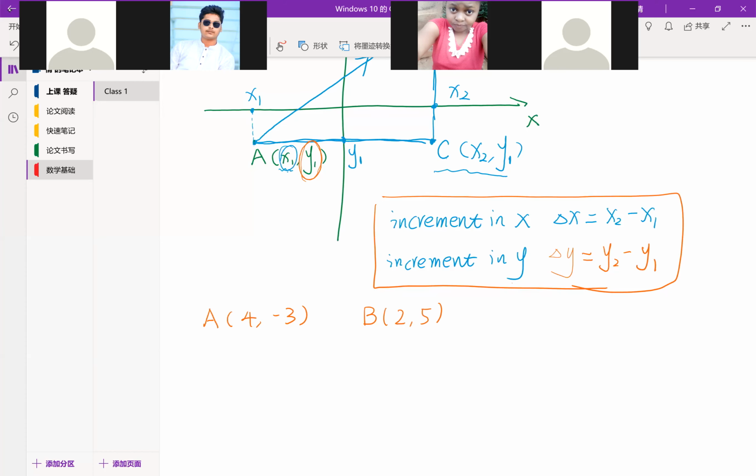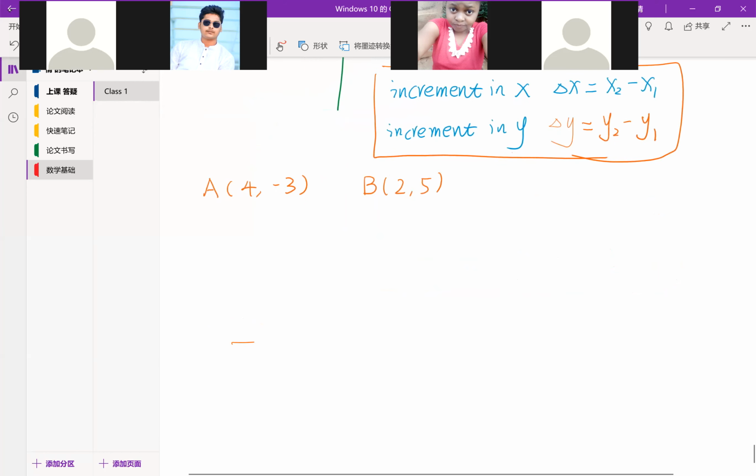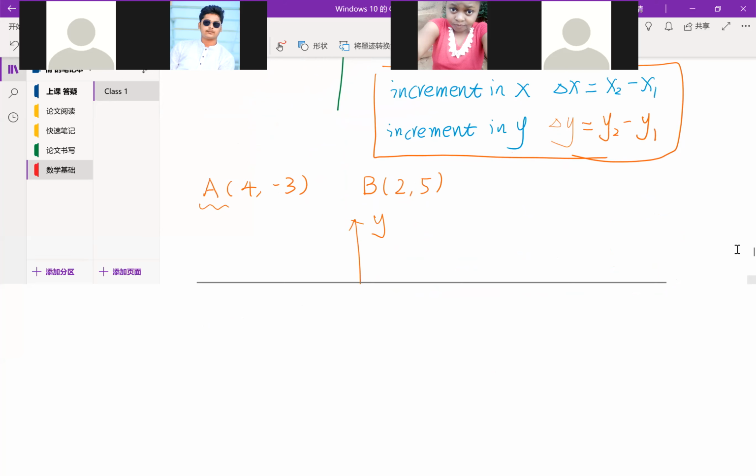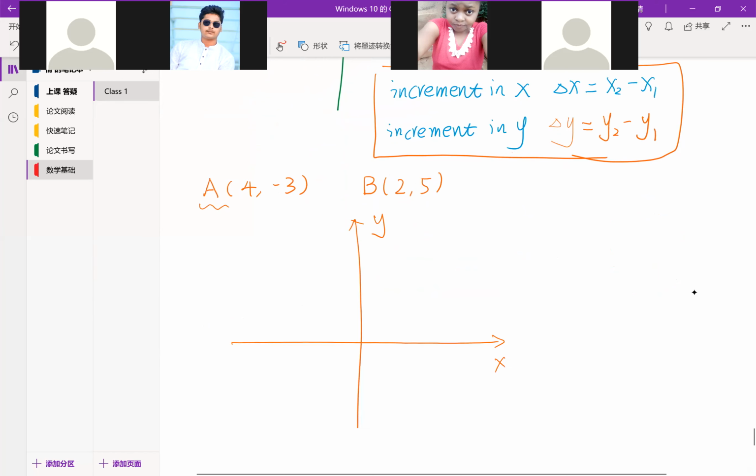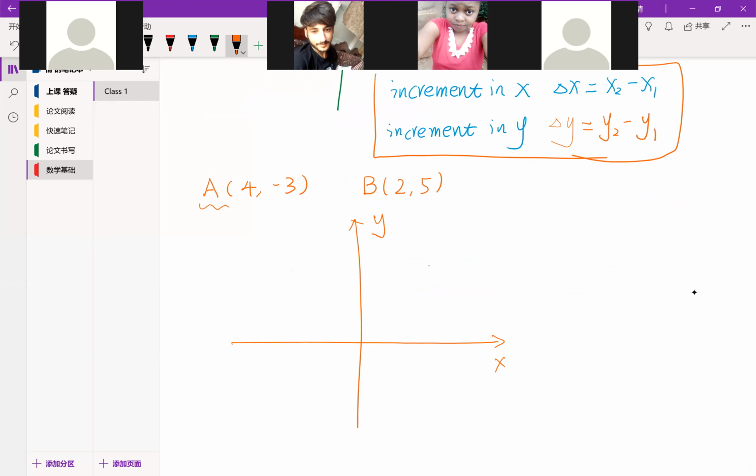Let's say in this Cartesian coordinate, this is the x axis and this is the y axis. Can you tell me in which quadrant the point A is? In the first quadrant, second quadrant, or the third quadrant? Maybe the third.